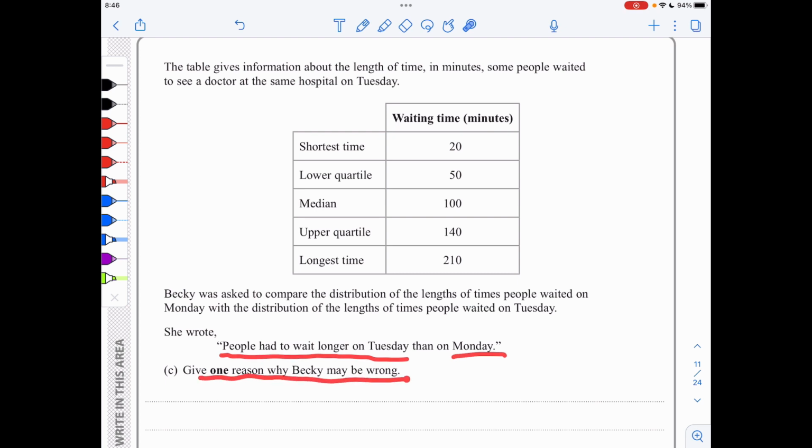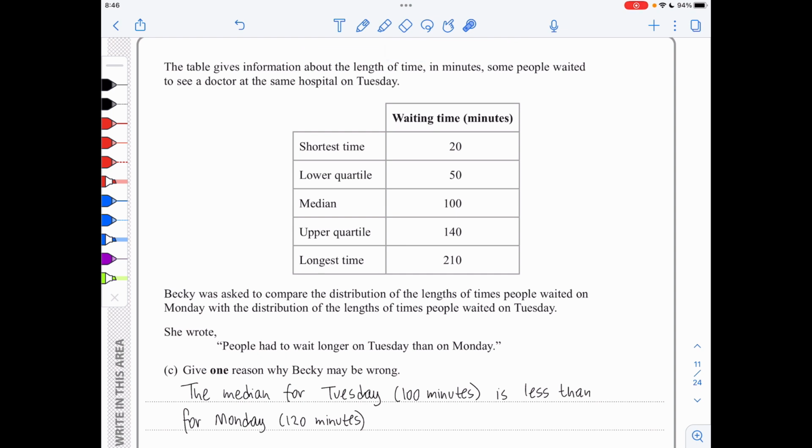We could base our explanation on the fact that the median for Tuesday is 100, and for Monday we found this to be 120. So on average, people were waiting longer on Monday. So we can simply say that Becky is wrong because the median for Tuesday, 100 minutes, was less than the median for Monday, which was 120 minutes.